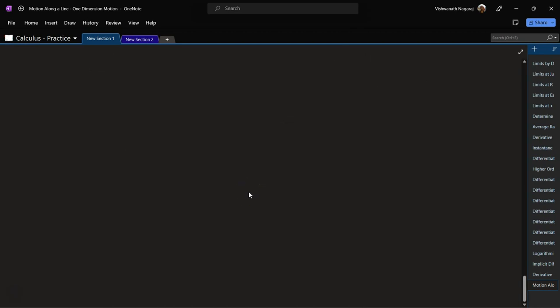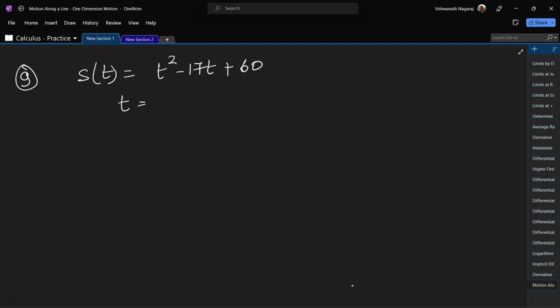Okay, now let's look at the ninth one. S of t is given as t square minus 17t plus 60. Again, we have to figure out the displacement and the distance covered in the interval 2 to 11. Okay, so V of t is equal to 2t minus 17, equate it to 0 to figure out when exactly the direction changes.